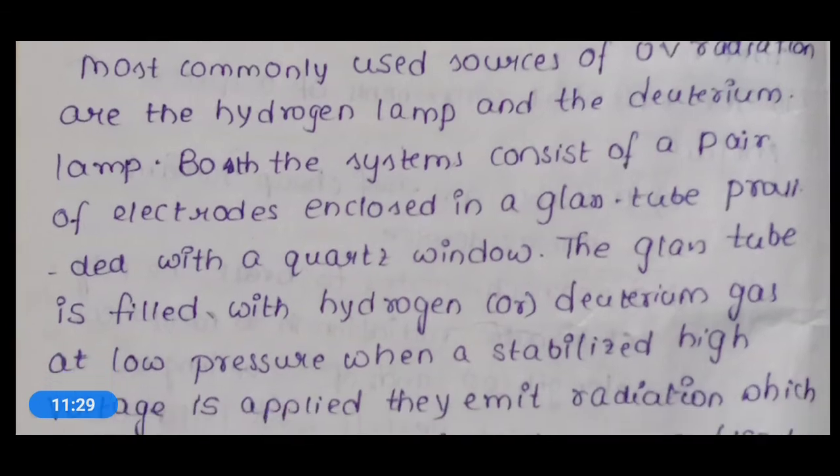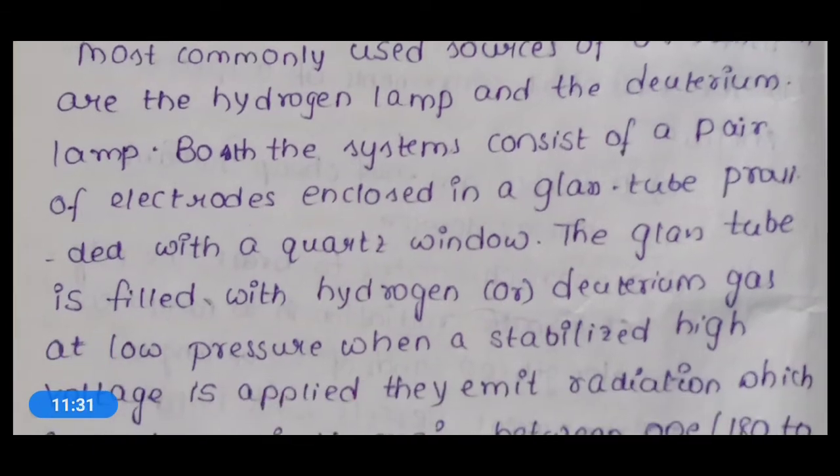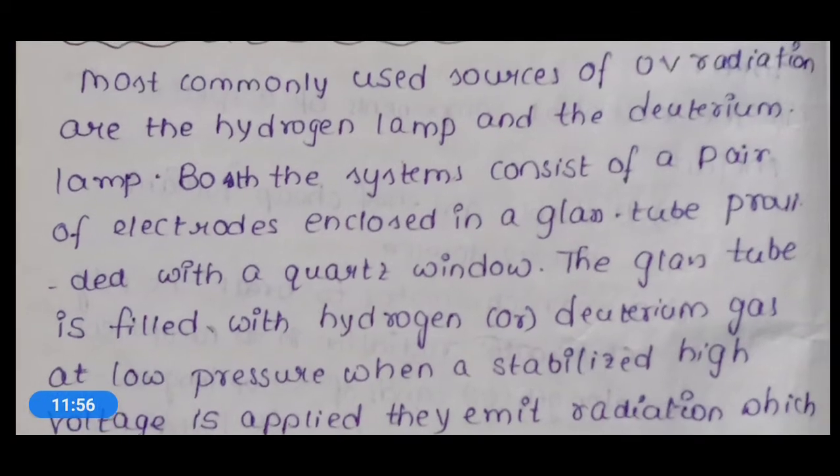And both the systems consist of a pair of electrodes enclosed in a glass bulb. If you observe a common bulb in your house, it will have an anode and a cathode, which is enclosed by a glass. If it is a hydrogen or deuterium lamp, it will also contain both anode and cathode.